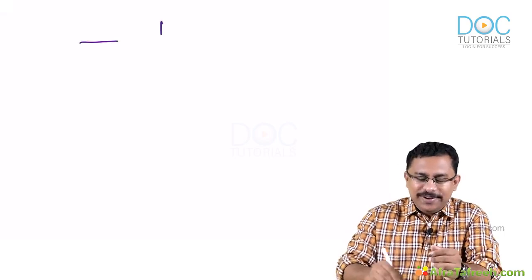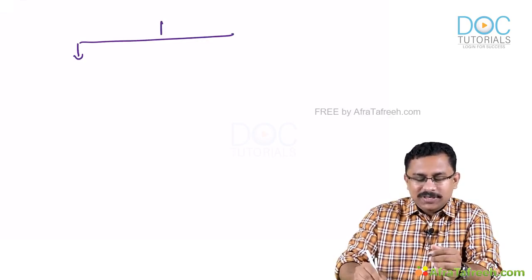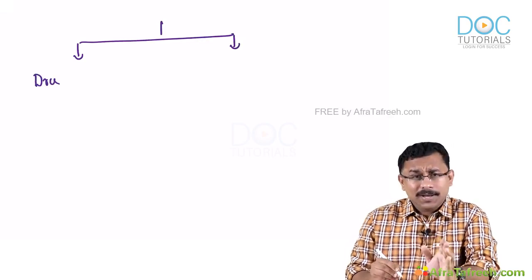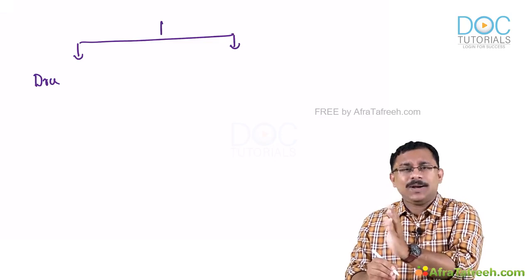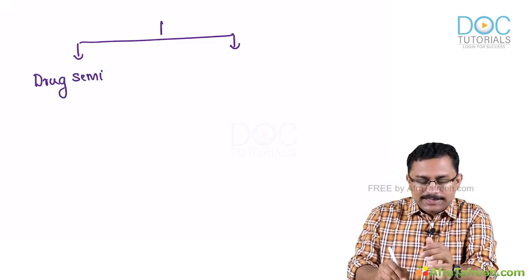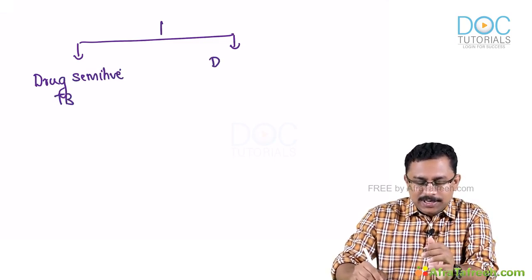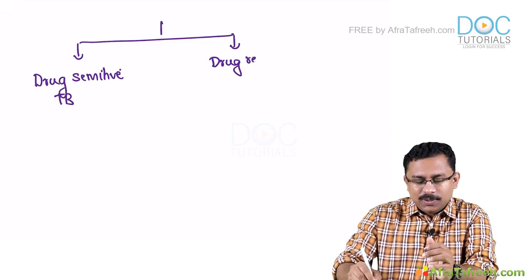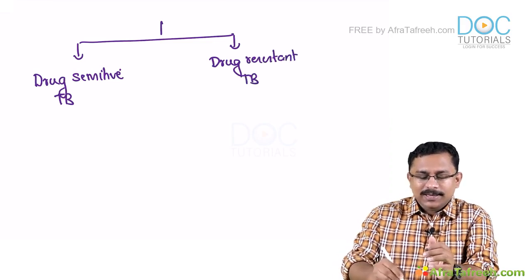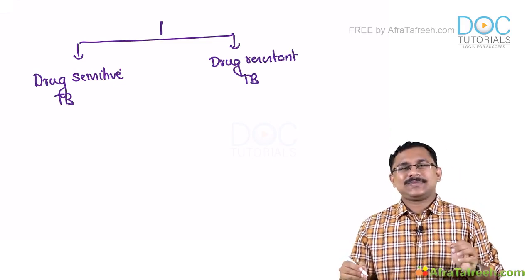There are just two divisions, whether it be pulmonary TB or extrapulmonary TB. One is your drug sensitive tuberculosis and the other is your drug resistant tuberculosis. Okay, two divisions, drug sensitive and drug resistant.